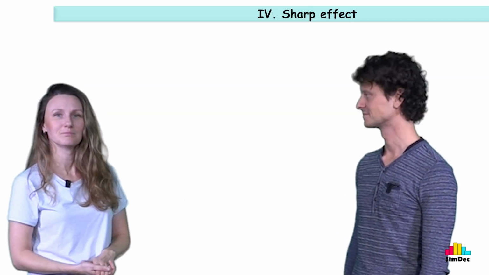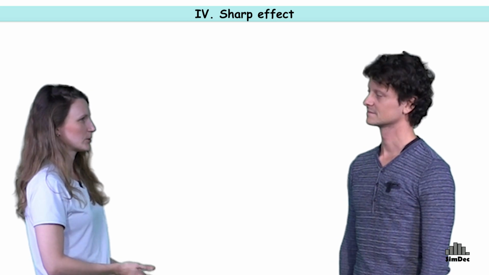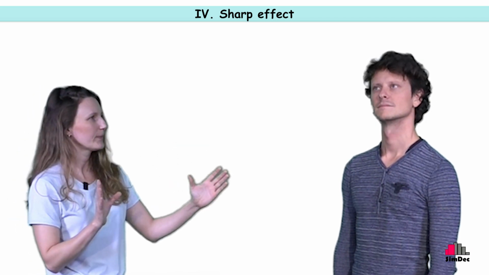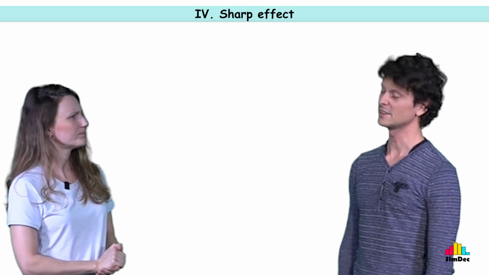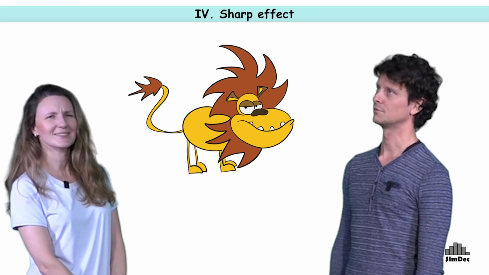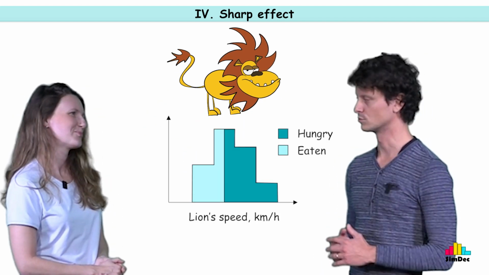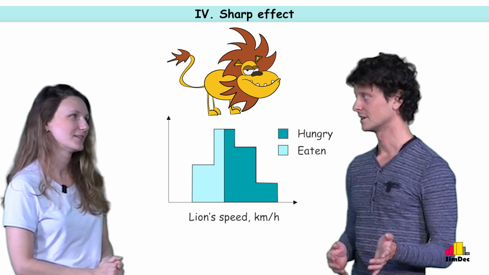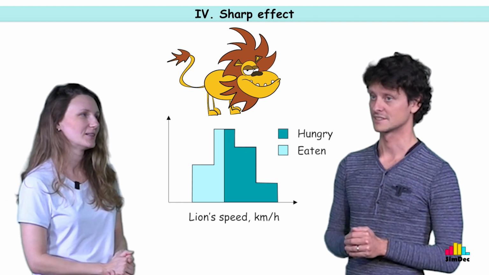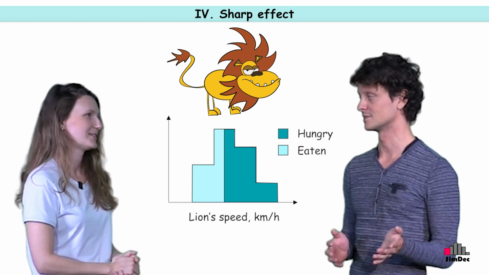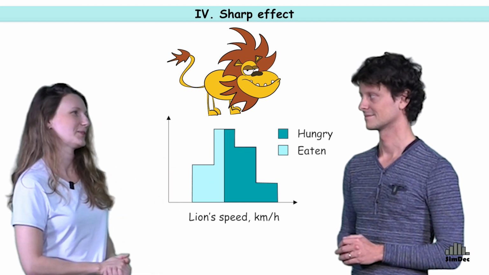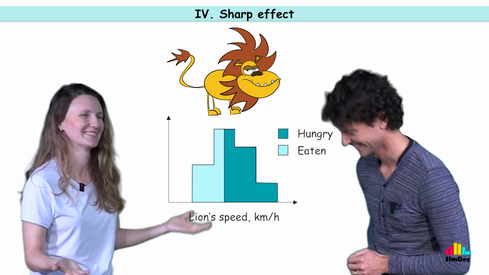But there could also be a different type of situation where input divides the output into two distinct ranges. You mean like lions? Yes, lions. If a lion is hungry, it's going to run faster to get food. But once the lion has eaten, it's going to just sleep, or even if not sleeping, it's going to be lazy and moving really slow.